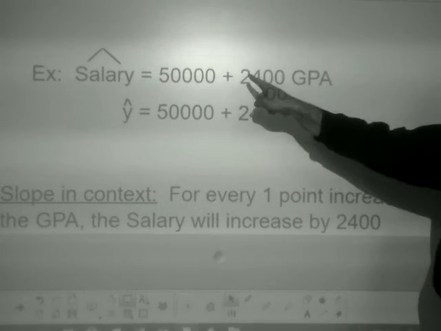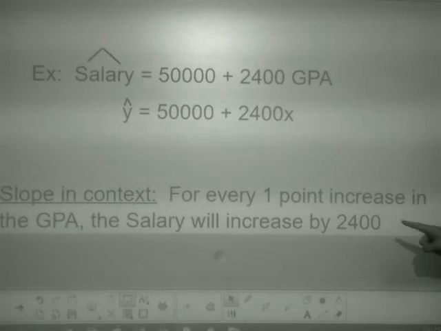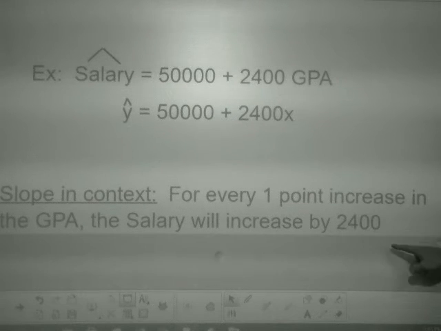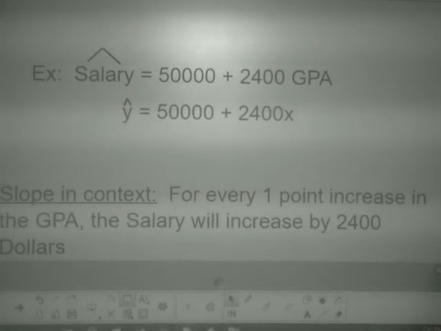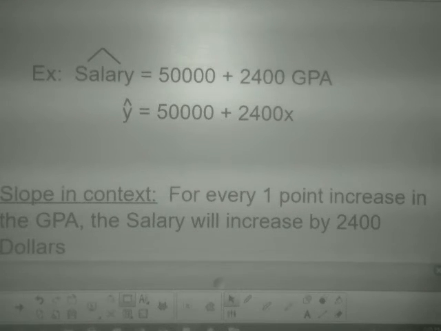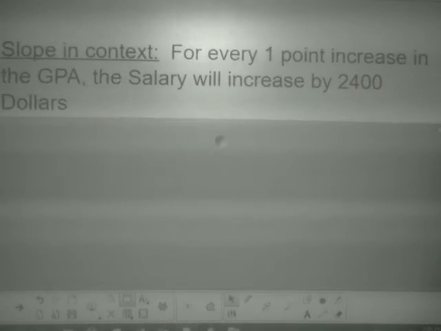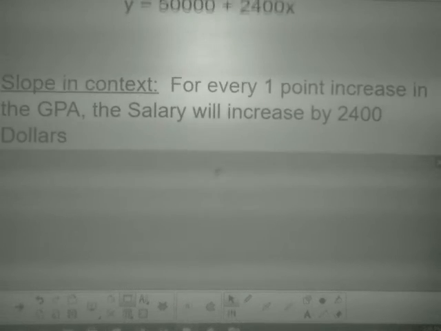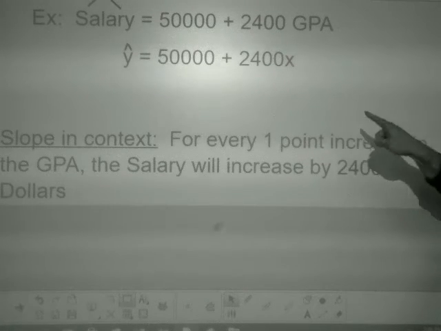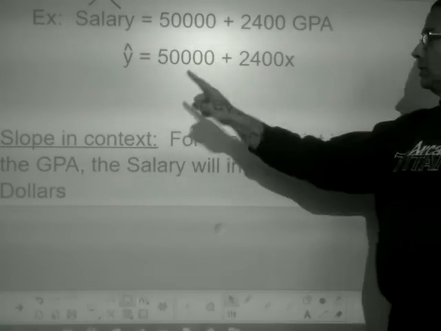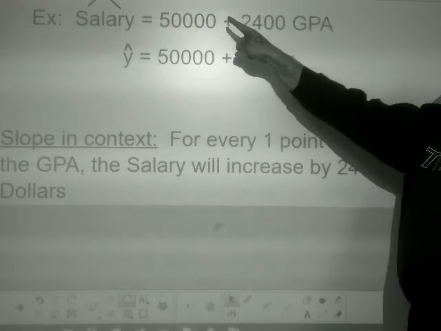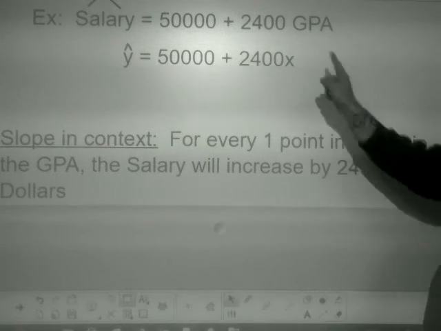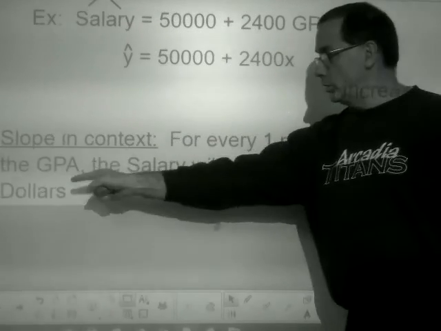I know it's going to increase because the slope is positive, by $2,400, because those are the units that we're working in. Okay, that's slope in context. For every 1 unit increase in the x, the y will increase, because that's plus, by the number, in its units.